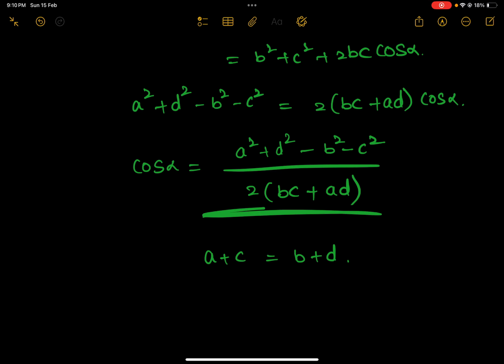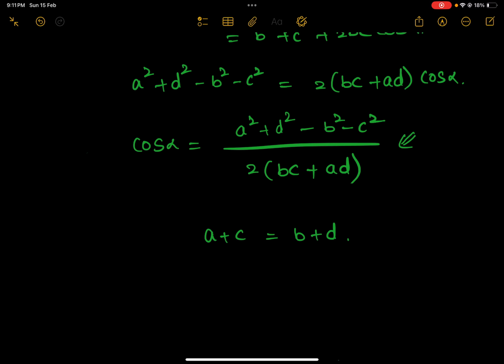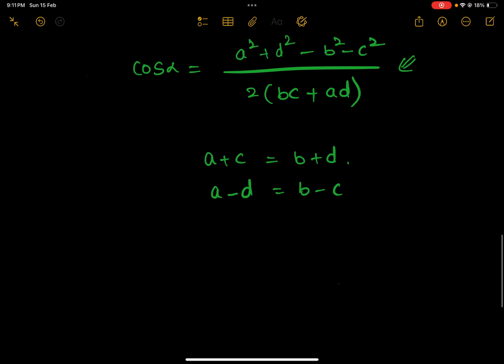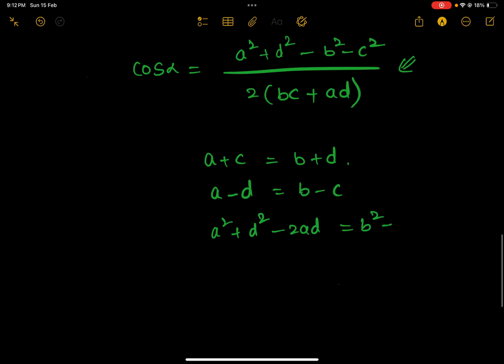Understood? So now this can be written as A minus D is equals to B minus C. Square it on both sides, you will get A square plus D square minus 2AD is equals to B square plus C square minus 2BC.